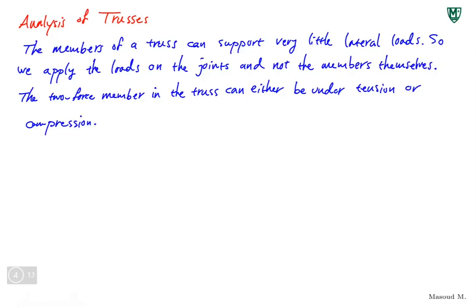So any single member you take out of the structure of a truss and look at it, let me try it here. Any member, there are only two possibilities. It's either tension, well, this should be along the member. It's either under tension or it's under compression.